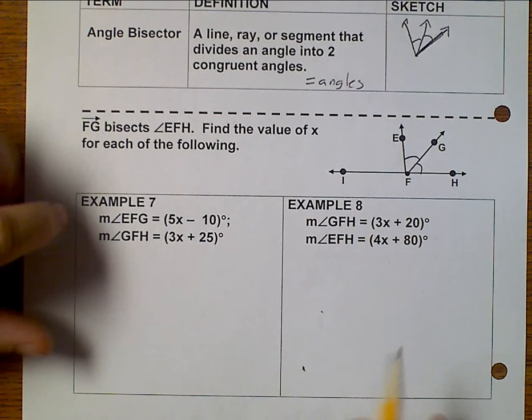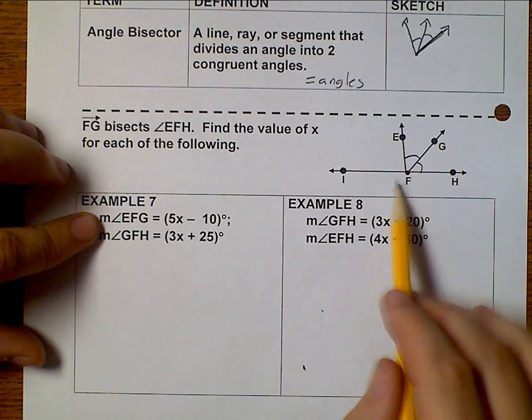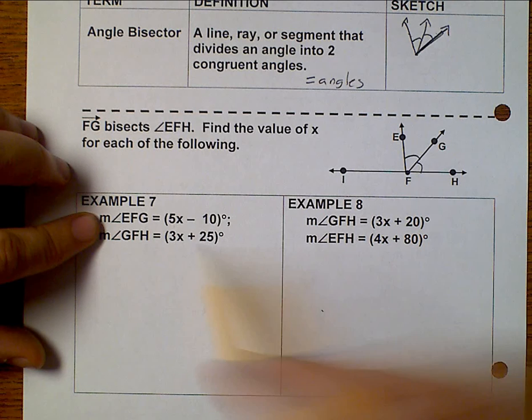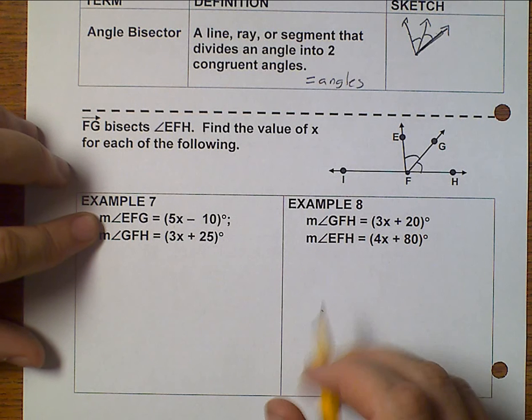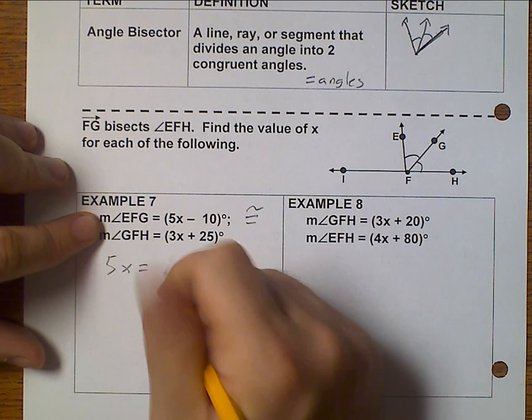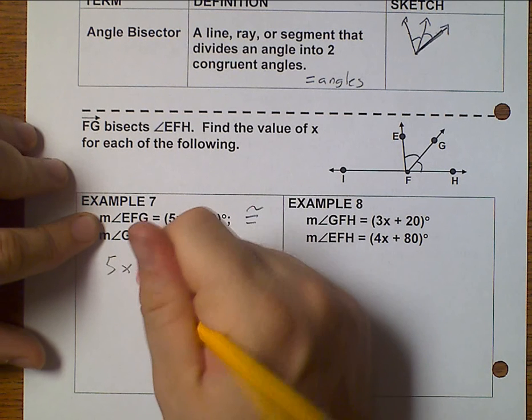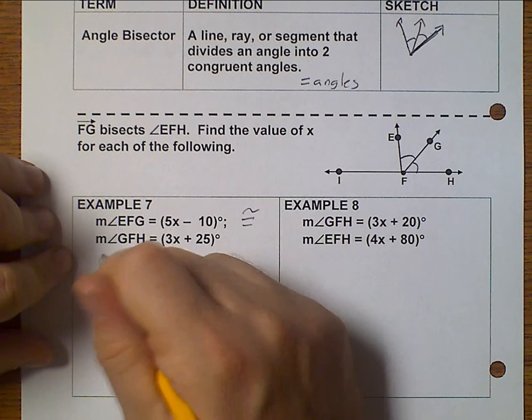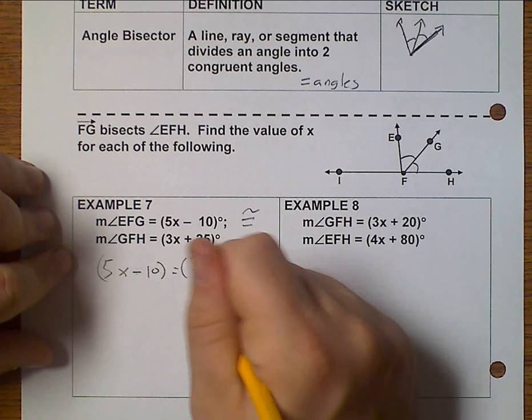EFG is 5x minus 10, and GFH is 3x plus 25. Well, because we know that these are congruent, I can go ahead and set them equal. So 5x minus 10 equals 3x plus 25.